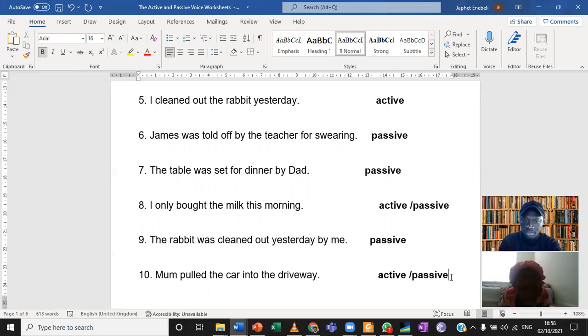Mom pulled the cart into the driveway. Very correct. So 90%, you have 1 left.